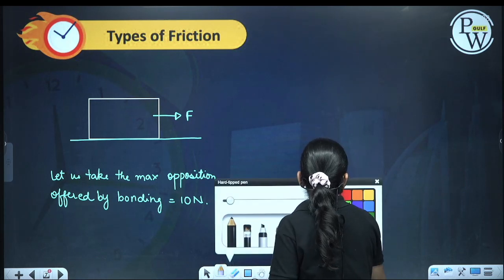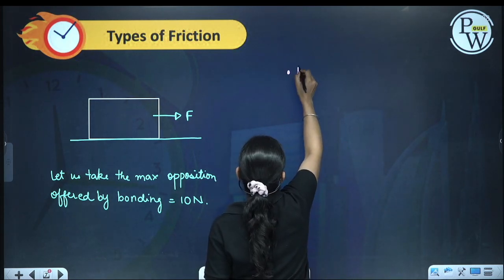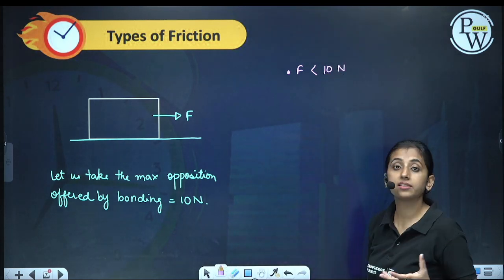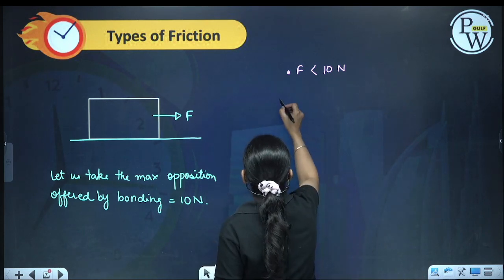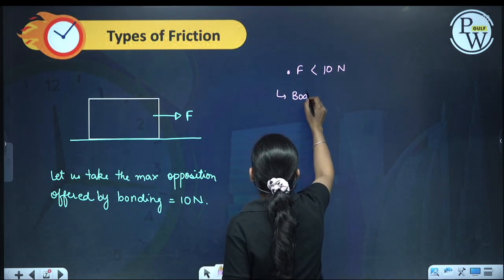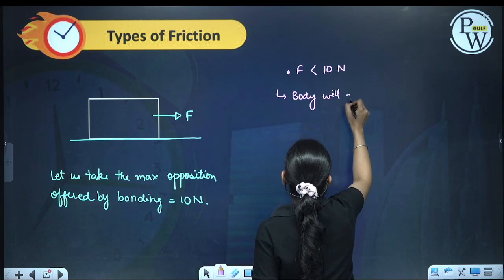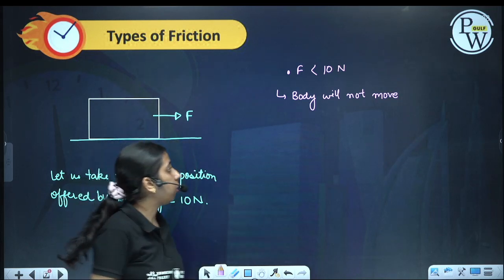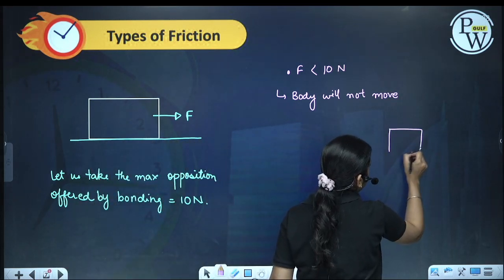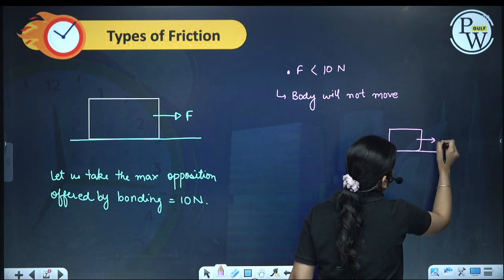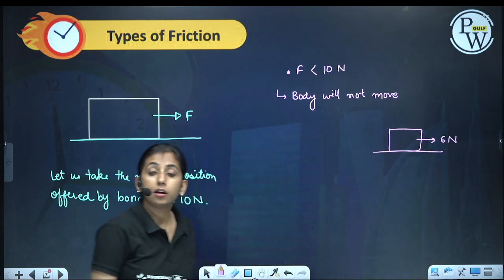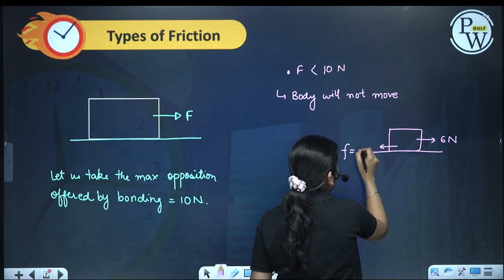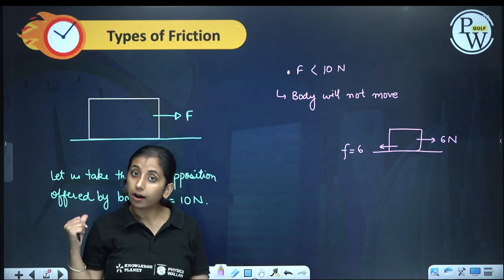Now if my F is less than 10 Newton, what will happen? Body will not move, because bond will not break. So if we are applying a force of 6 Newton on a body forward, and the body is not moving, it means there is a force of the same value in the backward direction.